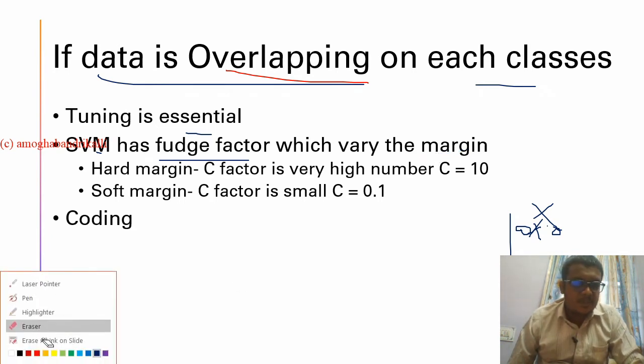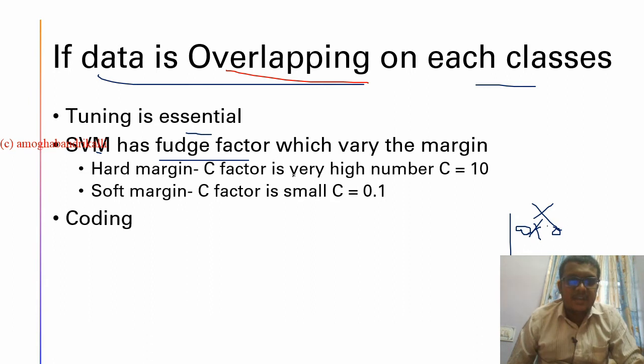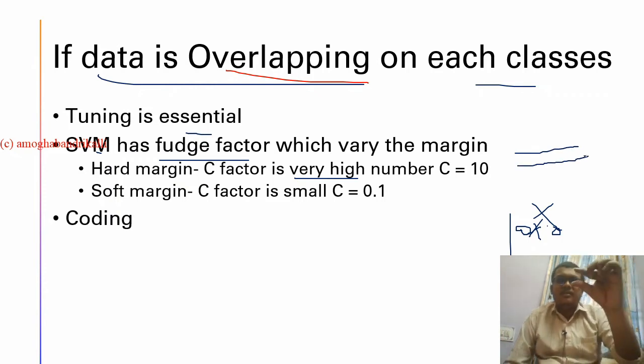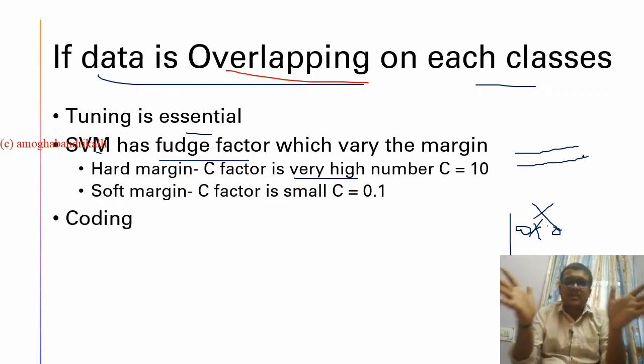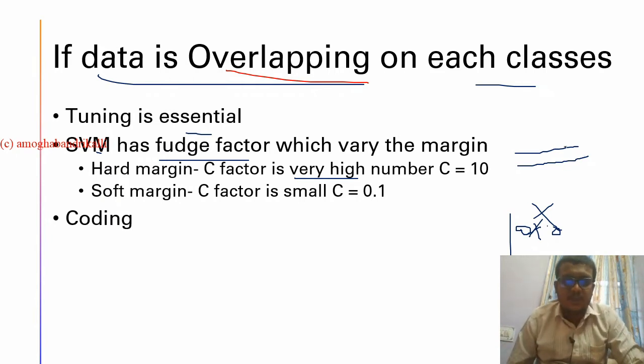For the parameter C, if the factor is very high, then the margin will be very tight. The width will be much lesser, a tight margin will be present if the C value is high. If the C value is lesser, the width of the margin will be more.